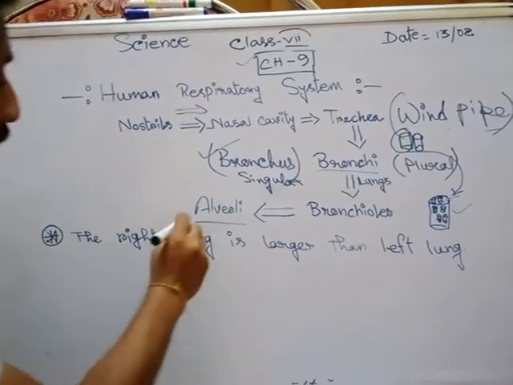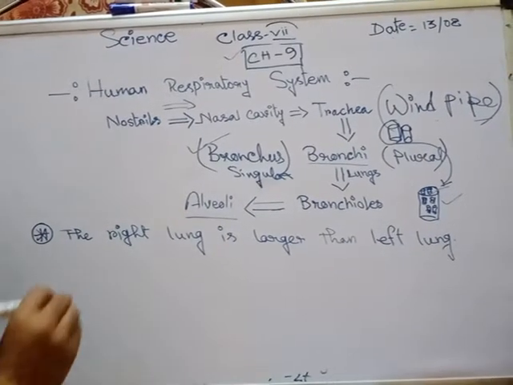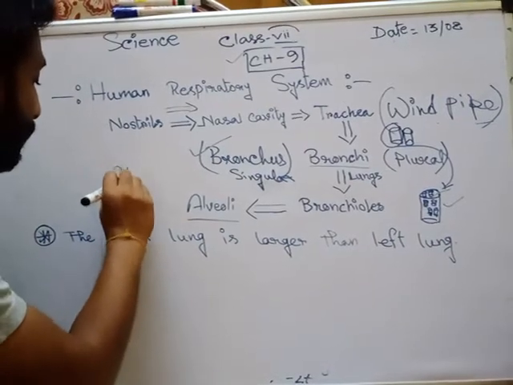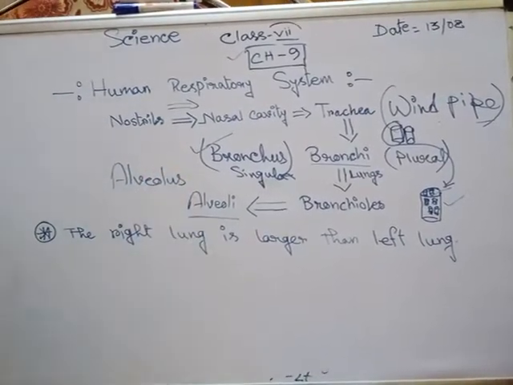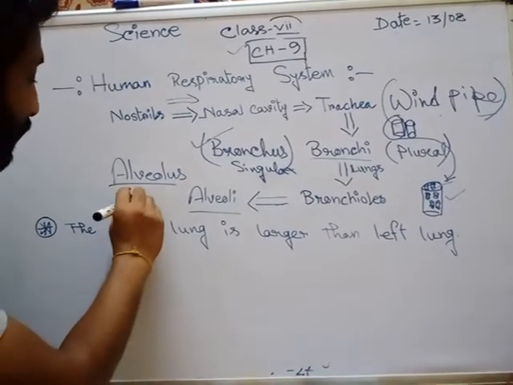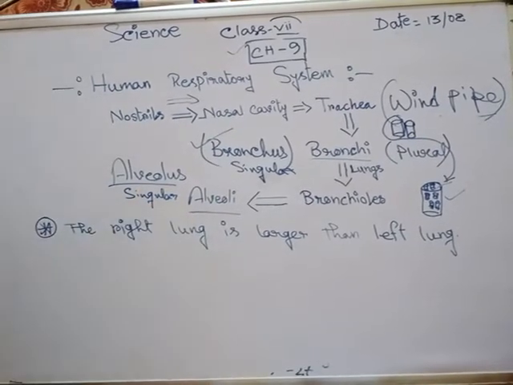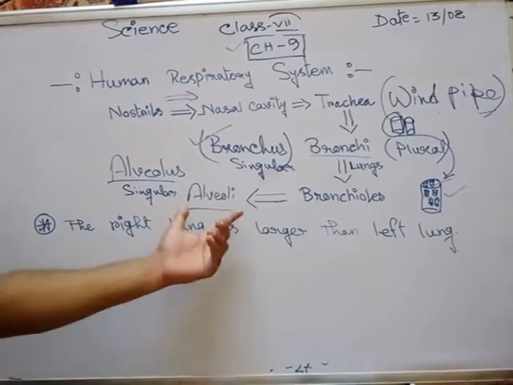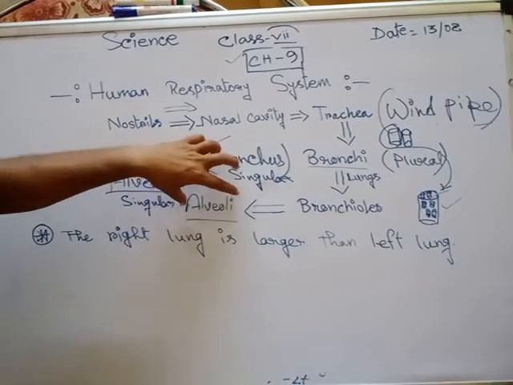Alveolus is the singular form, and alveoli is the plural: so many alveolus together are called the alveoli.